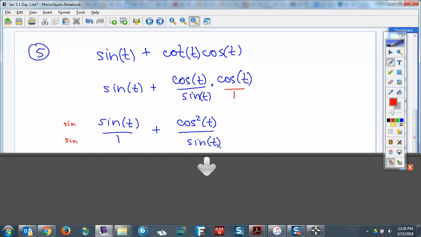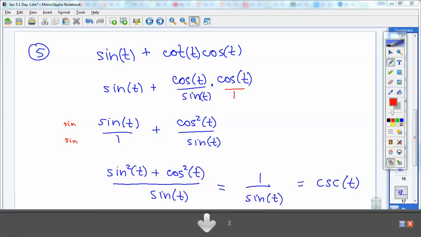Or if you bow tied, it would be sine times sine, which is sine squared, plus 1 times cosine squared, which is cosine squared, all over 1 times sine. It ends up being the same however you do it. What's nice is you get sine squared over sine plus cosine squared over sine. Now you can add those together. You get sine squared plus cosine squared, but what is that?